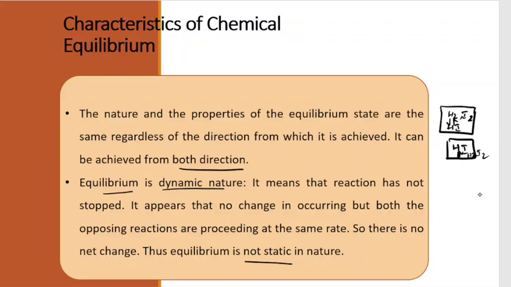Once again, at equilibrium, in the reaction vessel, as most of the parameters are constant, the reaction appears to be stopped, but it is not the case. Both forward and backward reactions take place continuously with the same rate, and hence it appears to be stopped, but there is no net change in the parameters, and hence the equilibrium is not static in nature.